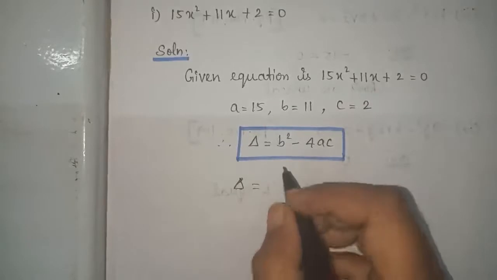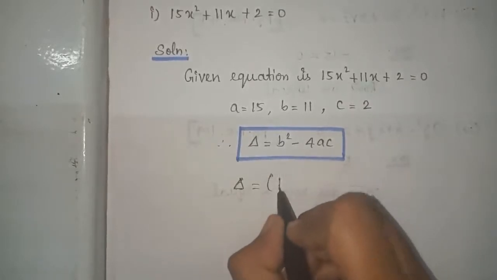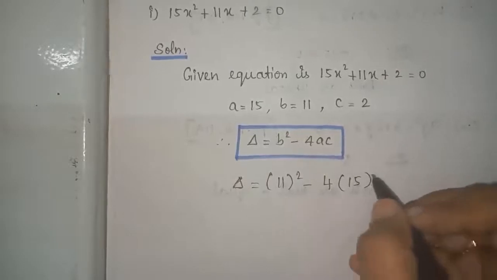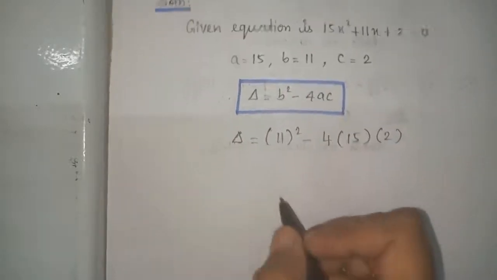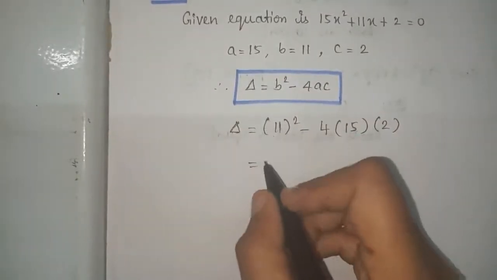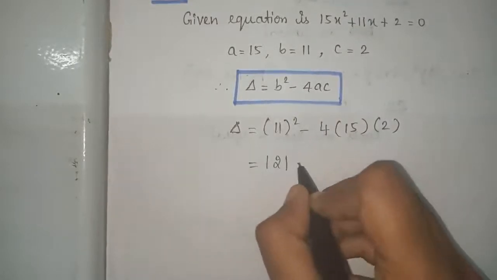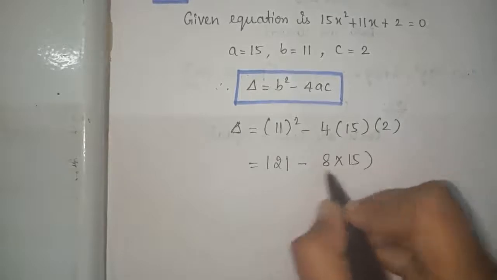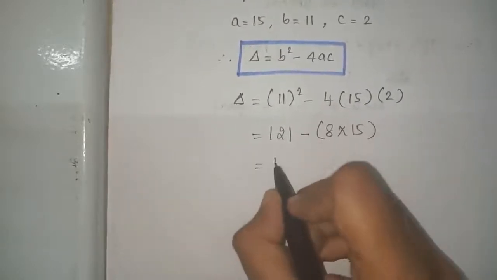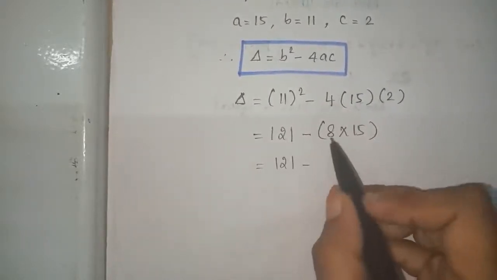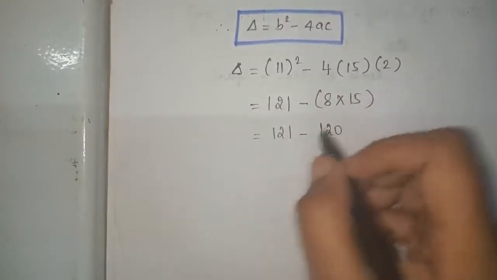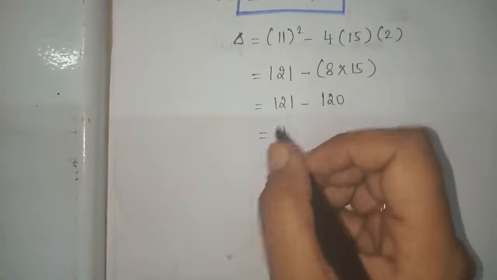Delta is equal to B square is 11 square minus 4 into A value is 15 into C value is 2, which is equal to 11 square is 121 minus 4 2s are 8, 8 into 15. Which is equal to 121 minus 8 into 15 is 120, which is equal to 1.